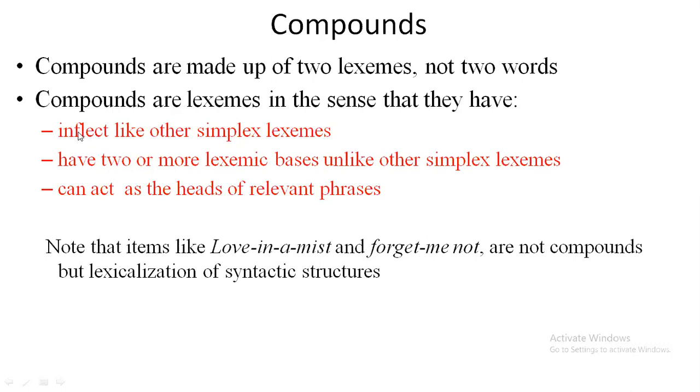They will have inflection, like in a word, in the simple sense. So I said lexemes and words are different concepts. There will be inflection like S, D, etc. And they will have two or more lexemic bases, unlike other simple lexemes, right? A simple lexeme means, for example, go. Go is only one lexeme. But go on has two lexemes, go and on.